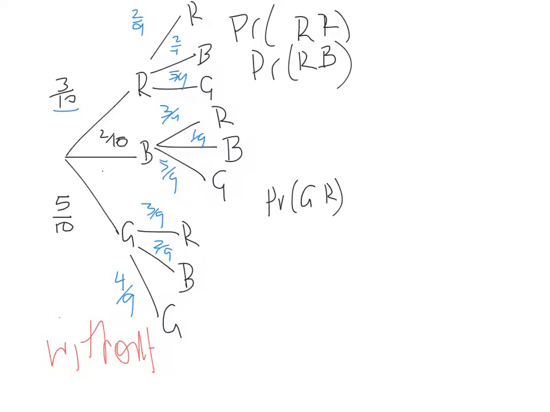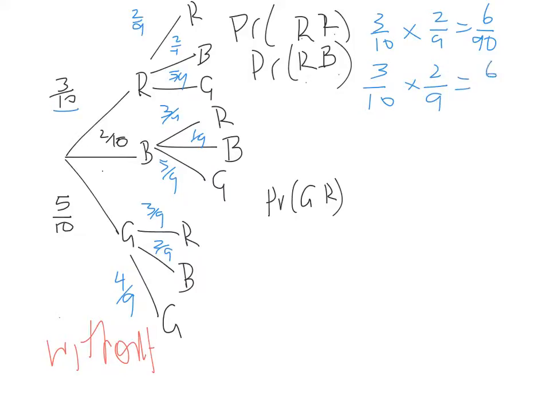We multiply them. So red and red, we have 3 over 10 times 2 over 9, and we end up with 6 over 90. Let me simplify that. For red and blue, we'd have red, which is once again 3 out of 10, and then blue, which is 2 out of 9.